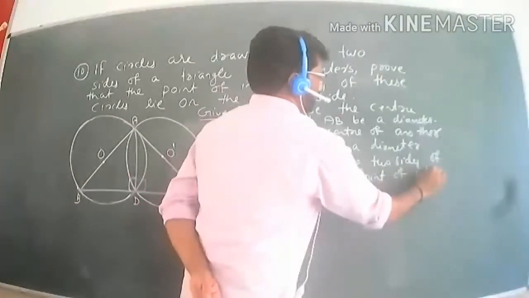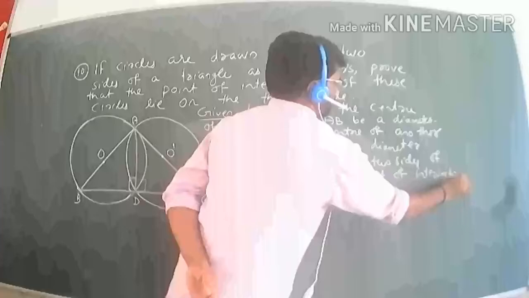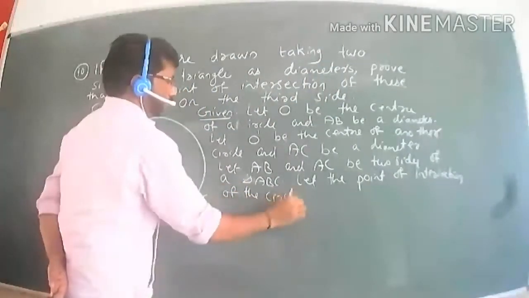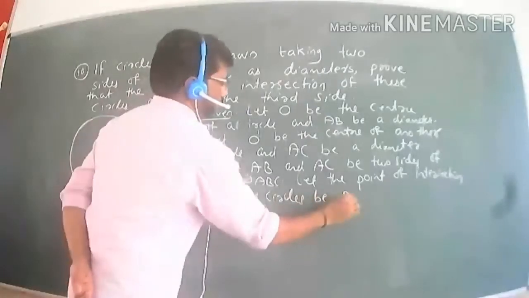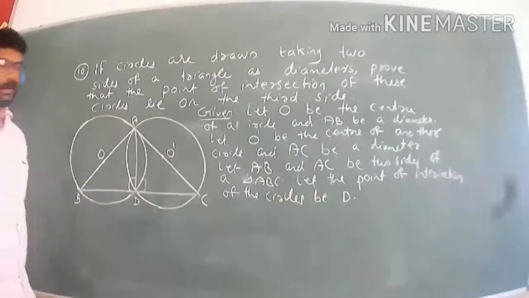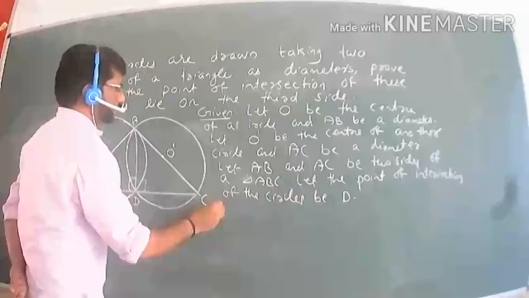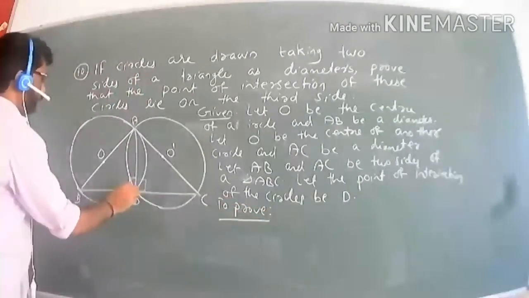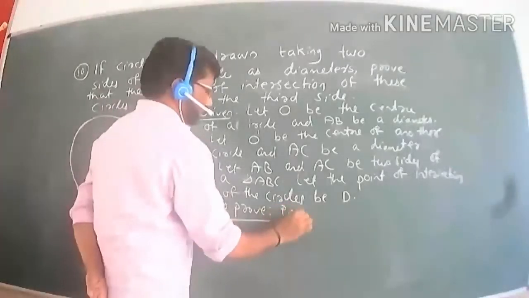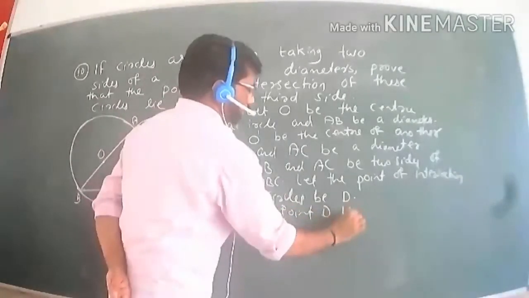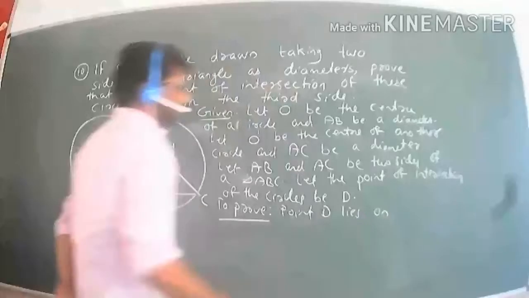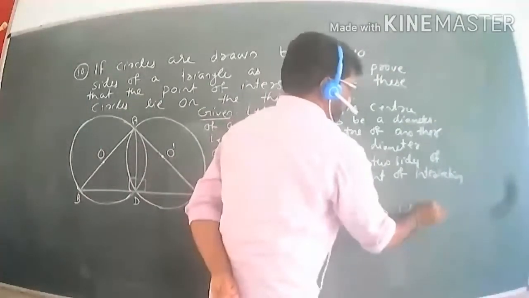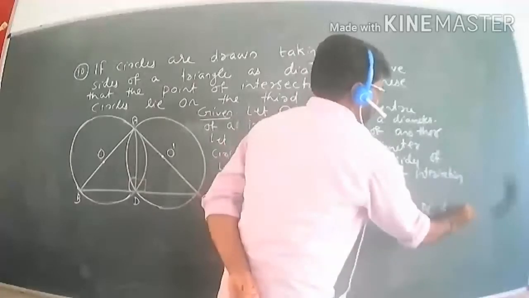be D. One point A is there, the other point is D. So to prove that the point D lies on side BC of triangle ABC.